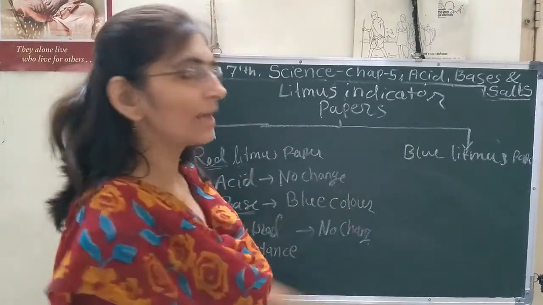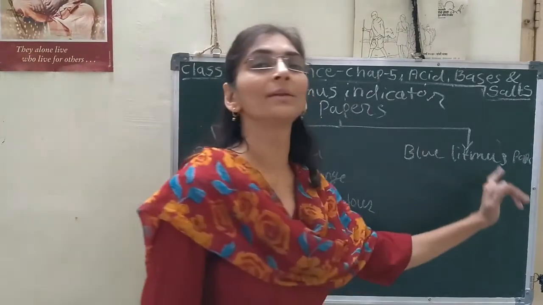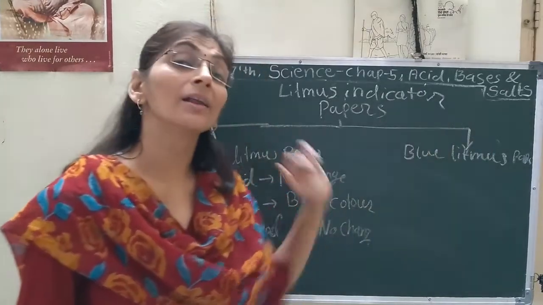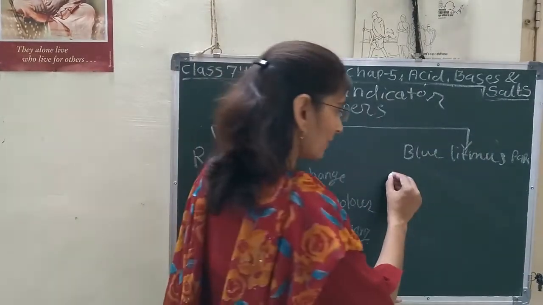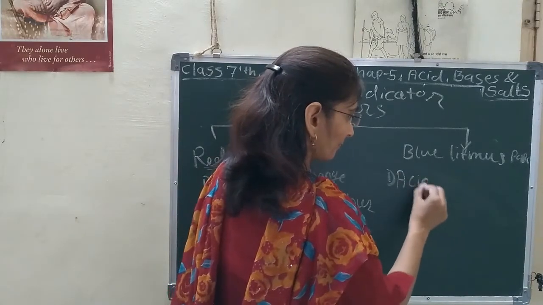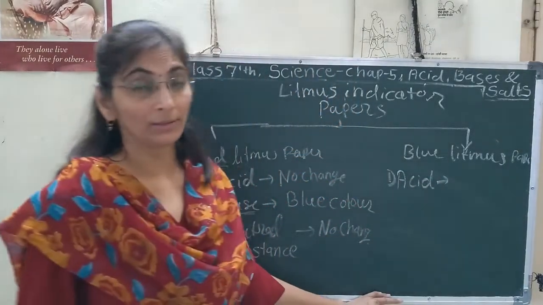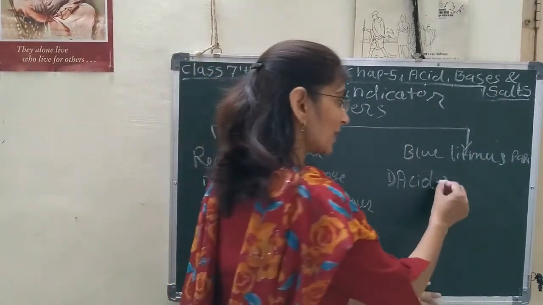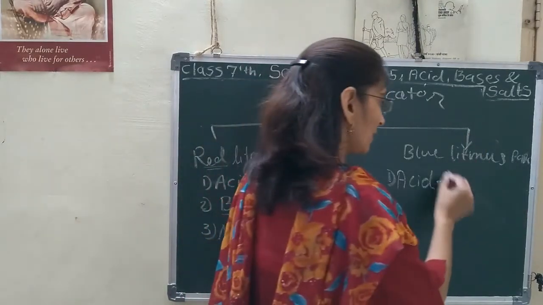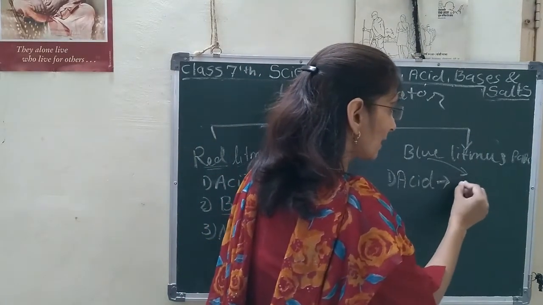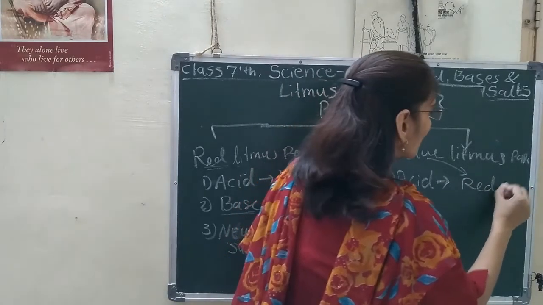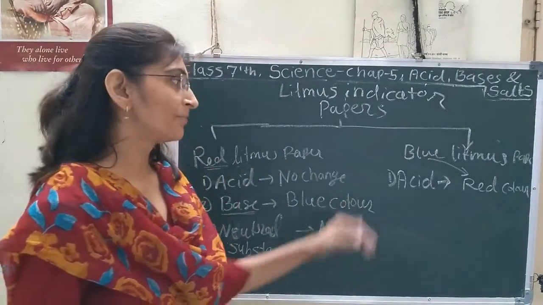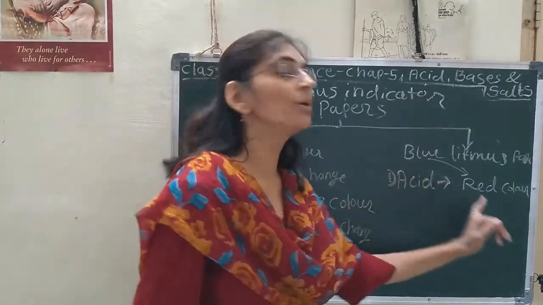Then we will discuss the blue litmus paper. So when the blue litmus paper reacts with acid, what will happen? Here, opposite of that, the blue litmus paper will change its color in acidic medium. It will turn its blue color into red. Which means when acid reacts with blue litmus paper, it will change its color from blue to red.